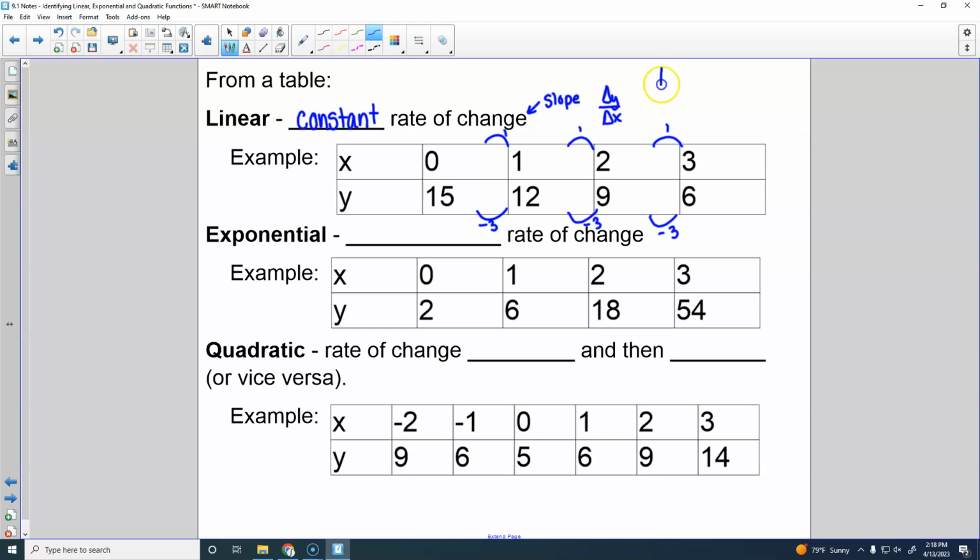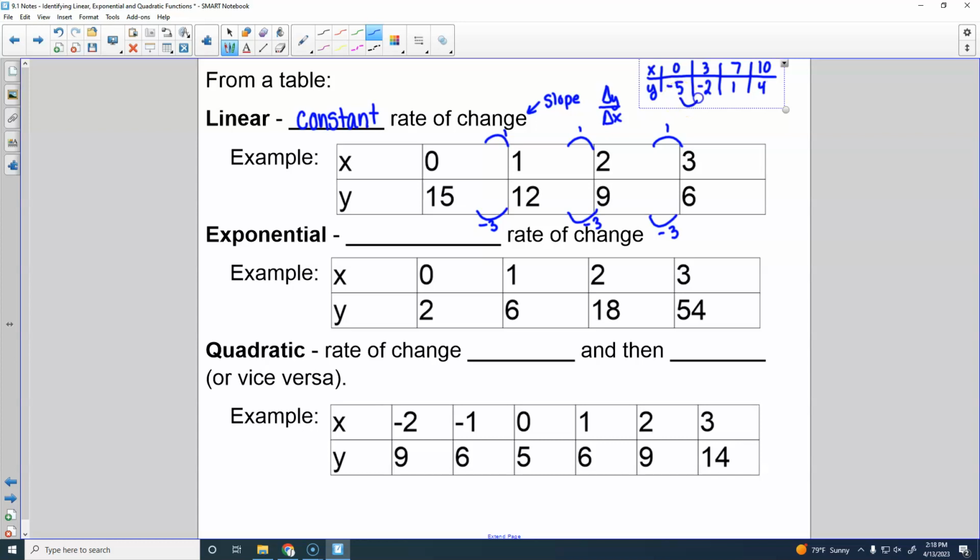Do be careful because, for example, if I have this, does this have a constant rate of change? Okay, why not?